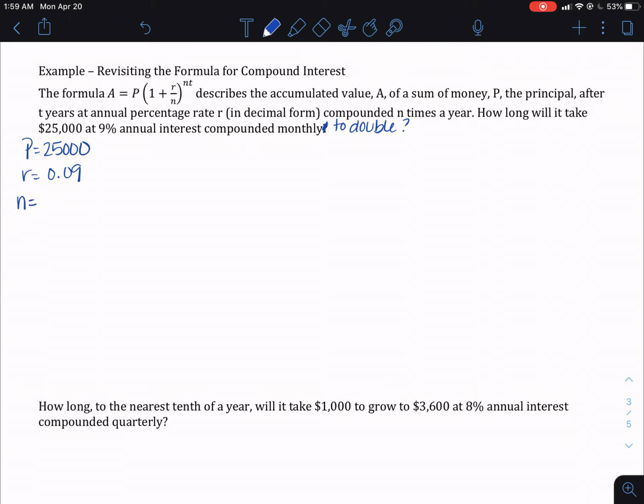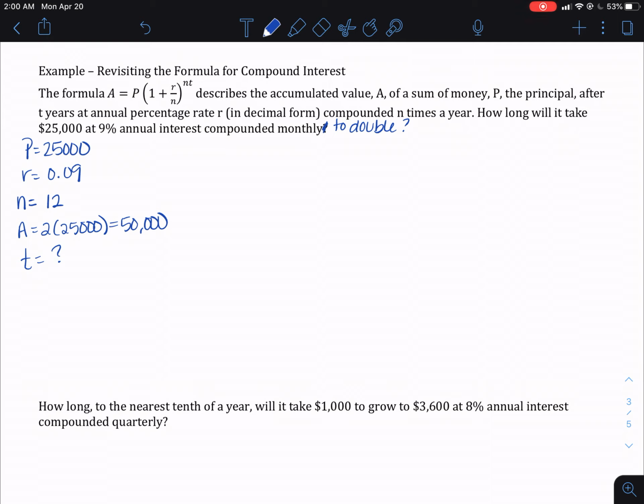How many times does monthly occur in a year? That would be 12. And then to double: if we double the amount of money we started with, we would have $50,000. And we asked how long, so t is what we're solving for.